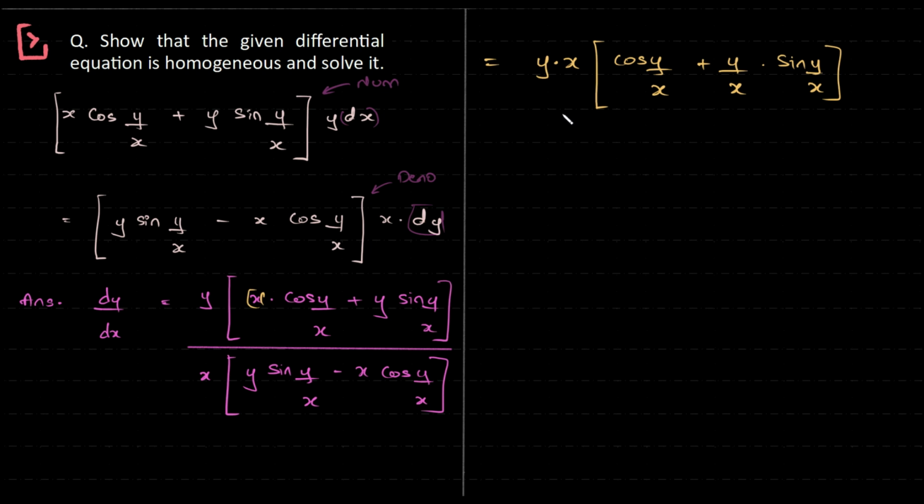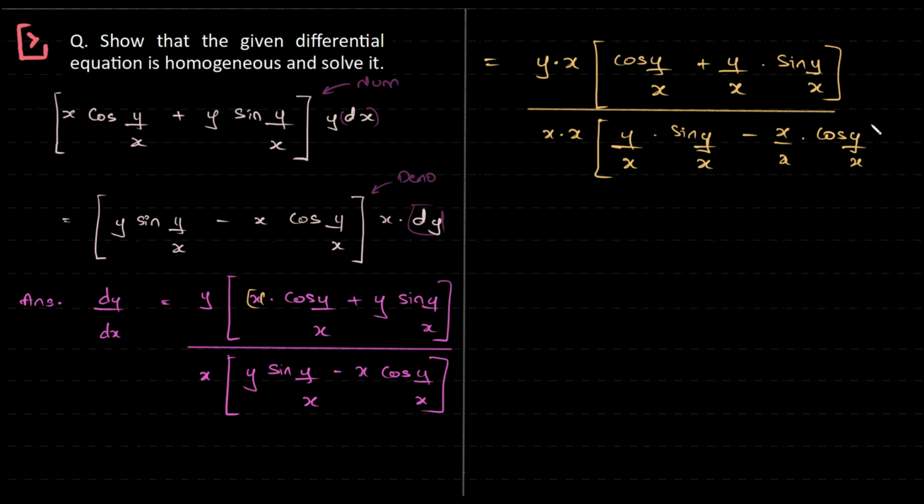While in the denominator we have an x already, and I'm taking x, so this would be y by x into sine of y by x. As a single term I need to divide with x, so that I'm doing. Over here x by x will get cancelled, cos of y by x. Okay, here I didn't write that x by x, so you can write it again, not an issue.